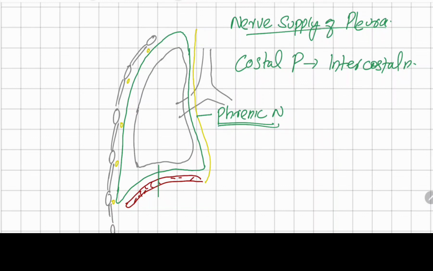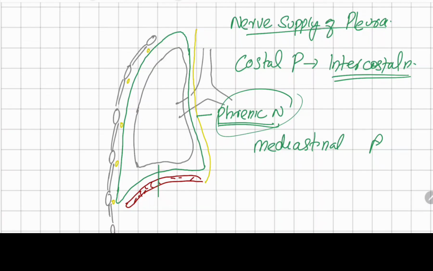Let us summarize like this. The costal pleura as well as the lateral aspect of the diaphragmatic pleura is supplied by the intercostal nerves, whereas the mediastinal pleura and the medial aspect of the diaphragmatic pleura are supplied by the phrenic nerve.